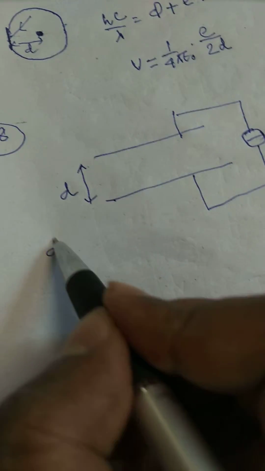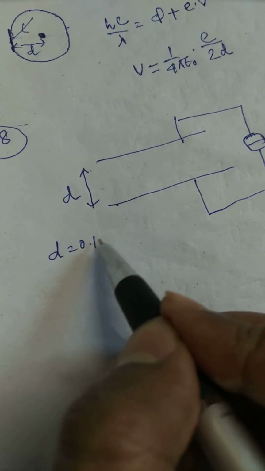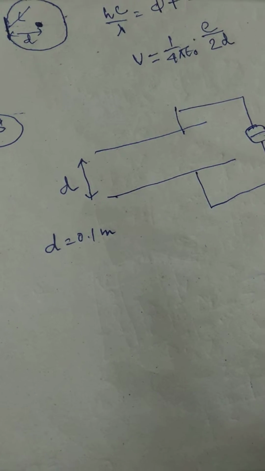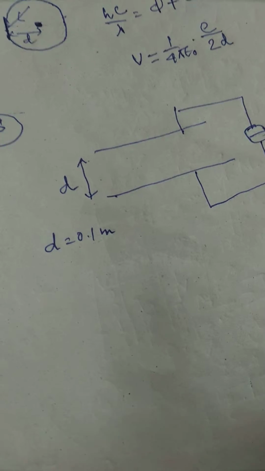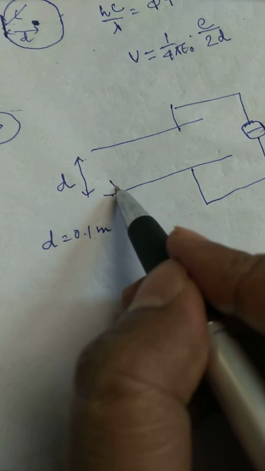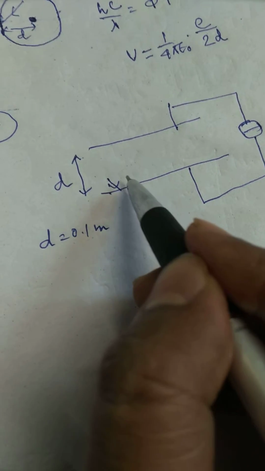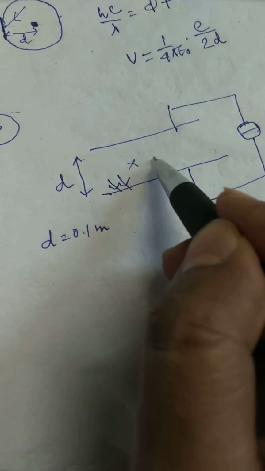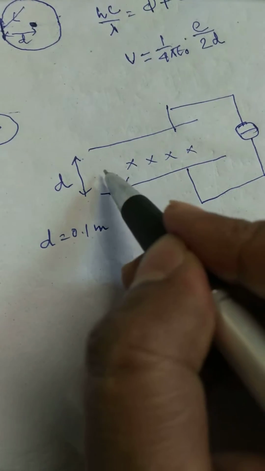This is 0.1 meter, and lambdas are incident over here, and the magnetic field is acting downward.